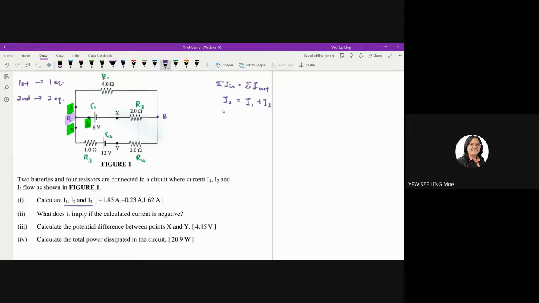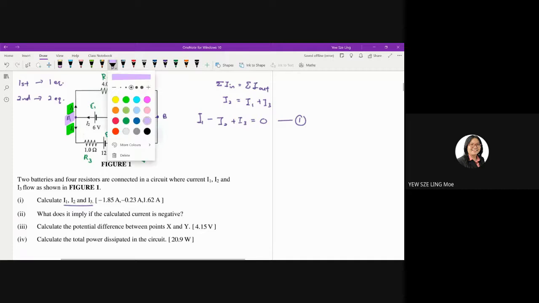So to make it easier, I'm going to rearrange it first. So I1 minus I2 plus I3 equals 0. This would be my first equation. So remember, you need to put all unknowns on the left-hand side. Okay, all unknowns. The unknowns in our case are I1, I2, and I3.